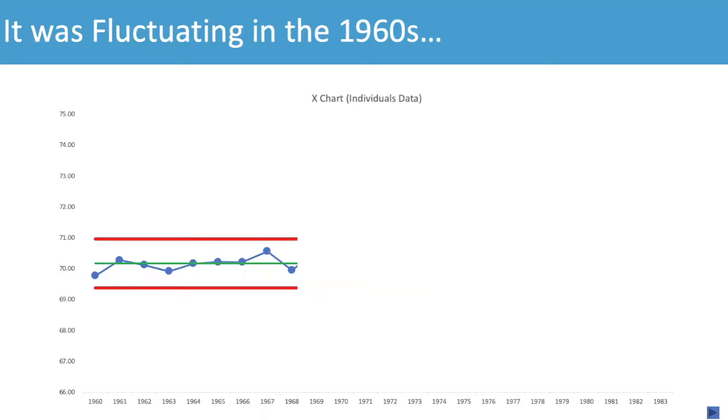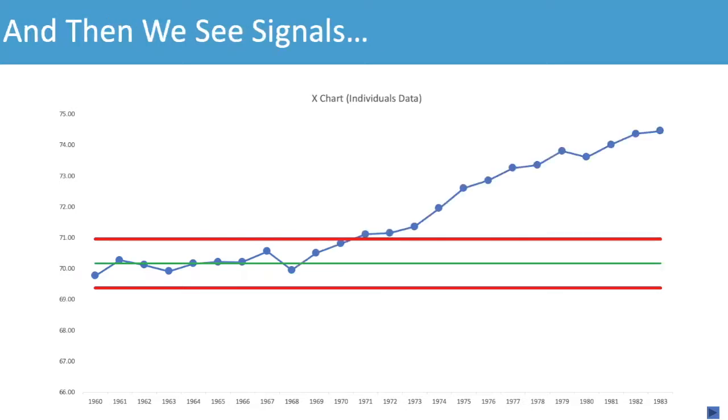And because that's a predictable metric, we would have used, in 1968, a process behavior chart to predict that, unless something changes, it's going to continue fluctuating around that average. Except thankfully, it did not. Life expectancy started going up.